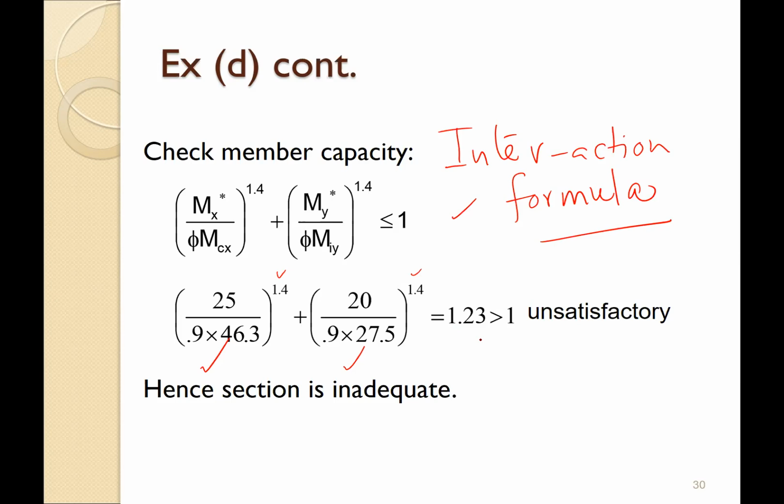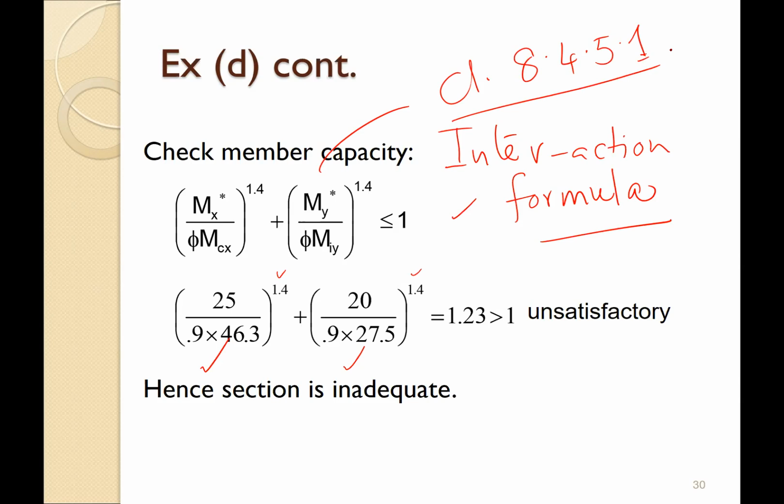Now, if you want to look at the clause number, again look at section 8, and this clause number is, just hold on. You can write this one. So this is clause 8.4.5.1.